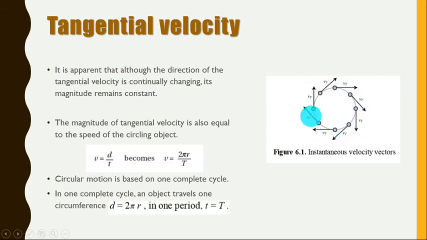We said one cycle, one revolution. What is it? Circumference. What's the formula for circumference of a circle? 2 pi r. 2 times pi times the radius of the circle over time. Here, what do we call this time? Period. We said the time for one cycle, we call it period. So this is the formula for tangential velocity. 2 pi r over period. Okay?